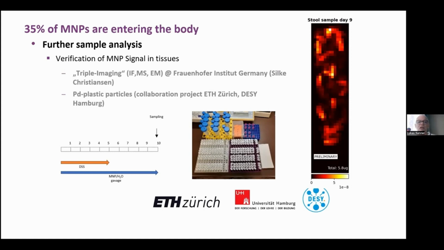The other organs are not yet processed for analysis, but what we found is that in these DSS treated mice, 35% of the plastic particles are taken up into the organism, and 65% are excreted.